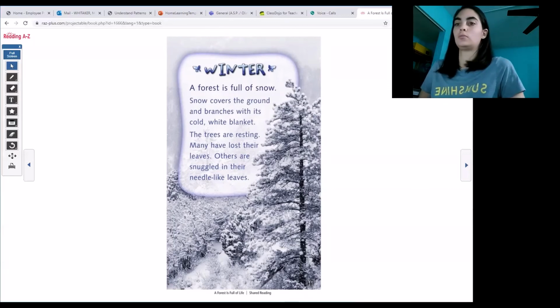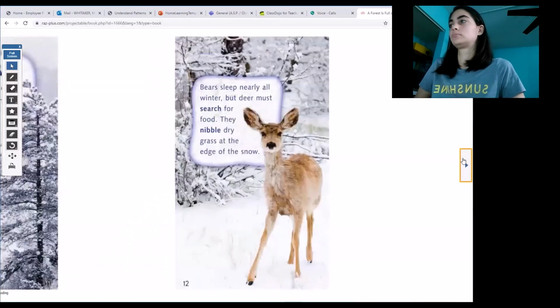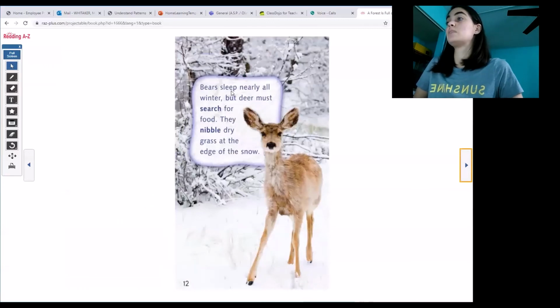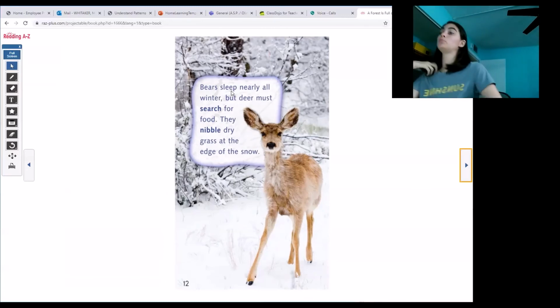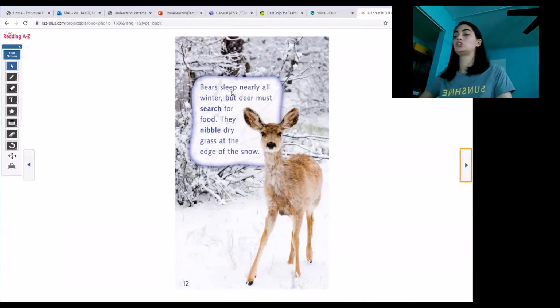Okay, so bears sleep nearly all winter, but deer must search for food. They nibble dry grass at the edge of the snow. Ooh, I would definitely need a thick sweater, and maybe a hat, and maybe some gloves if I was in this snow.